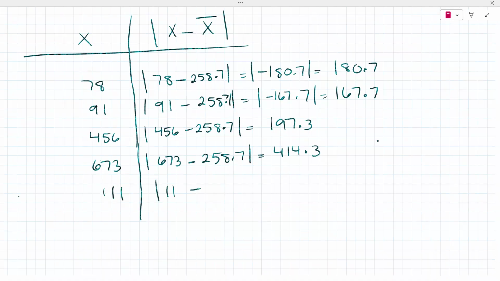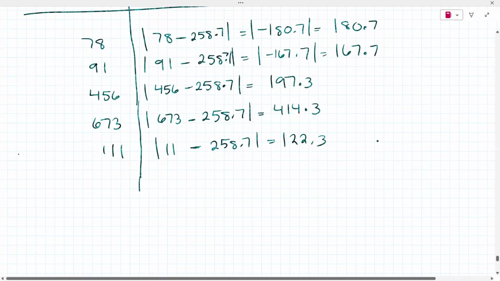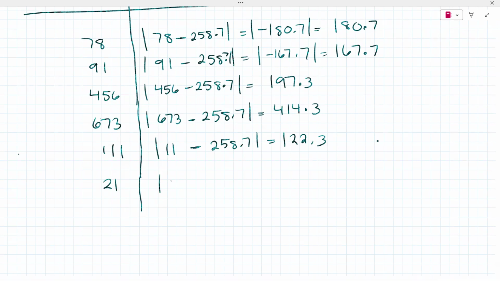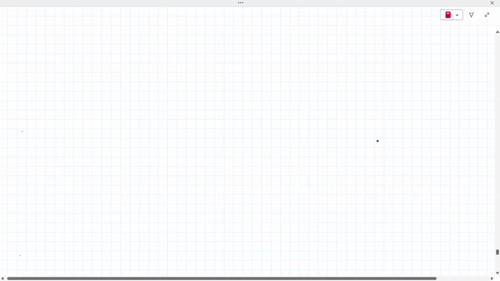It's minus 258.7, which is 122.3. And then the next one is 21. So this would be 21 minus 258.7, which is 236.7.